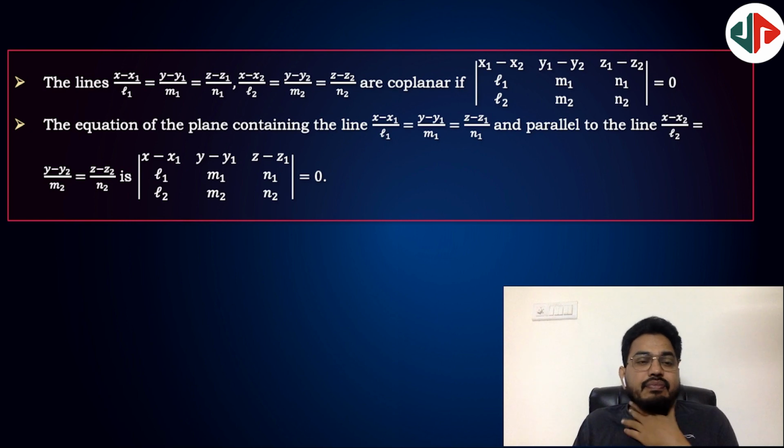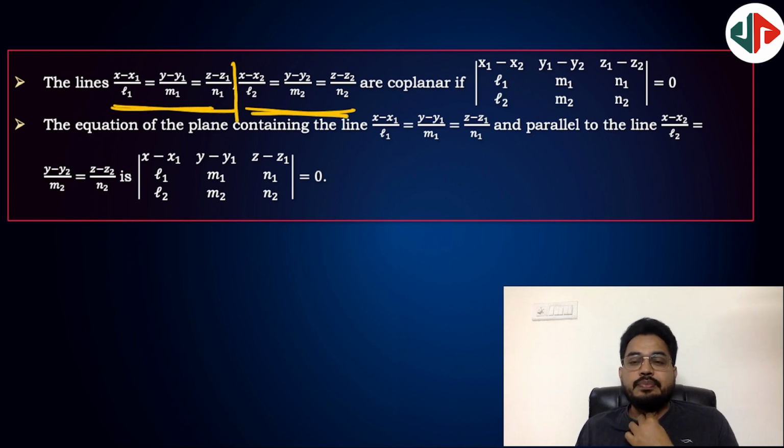Now, two lines generally they will give and they will say they are coplanar or they are intersecting. Either they have the same DR or are parallel, so coplanar; otherwise if they intersect, they are also coplanar. So this point is this one.